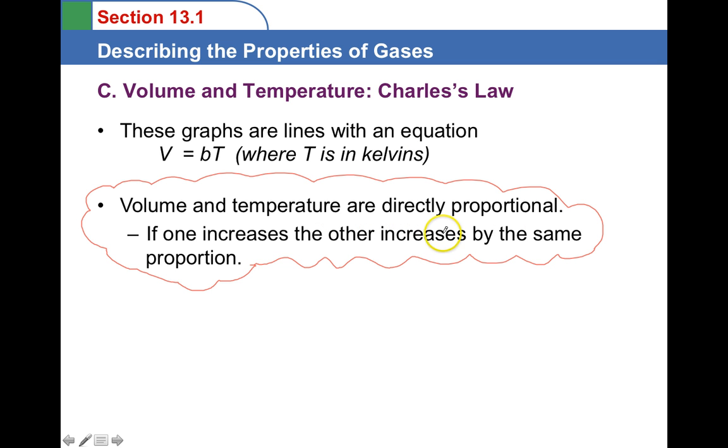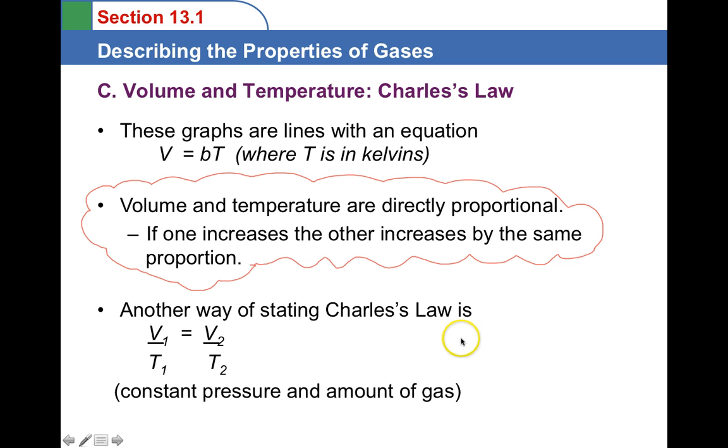Just remember what I have highlighted here. Volume and temperature are directly proportional. If the temperature goes up, the volume goes up. If the volume goes down, the temperature is going down. Another way to state Charles's law is this way: V1 over T1 is equal to V2 over T2. Pressure and amount of gas must remain constant.